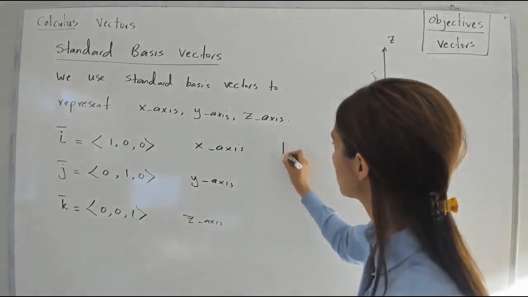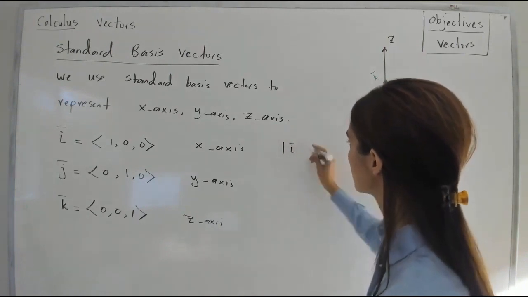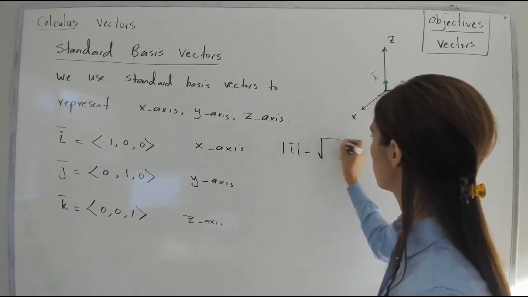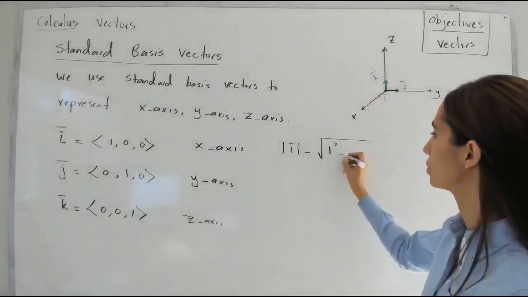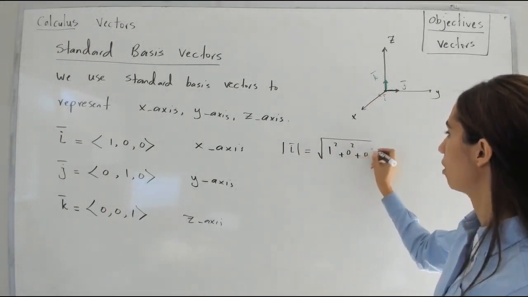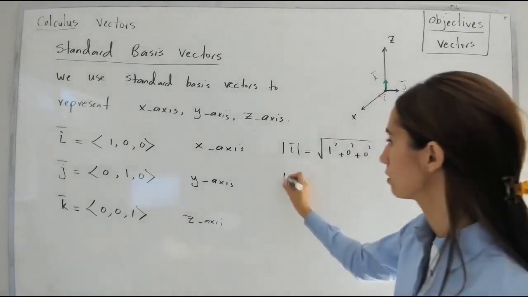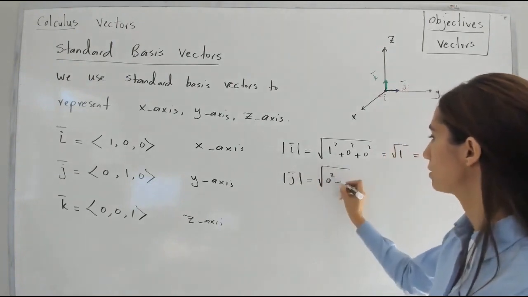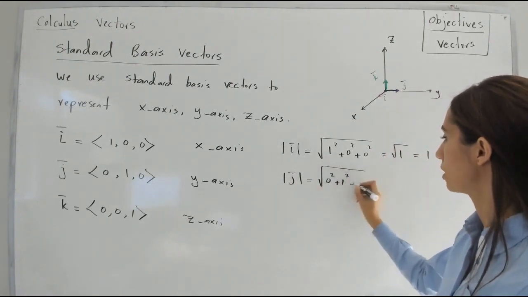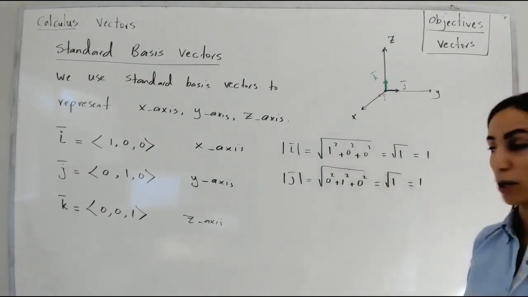The length or magnitude of vector i is equal to square root of, well, we take each component, raise them to the second power, add them together, which is obviously equals to 1. The second vector, the same, 0 squared plus 1 squared plus 0 squared, square root of 1, equals to 1.